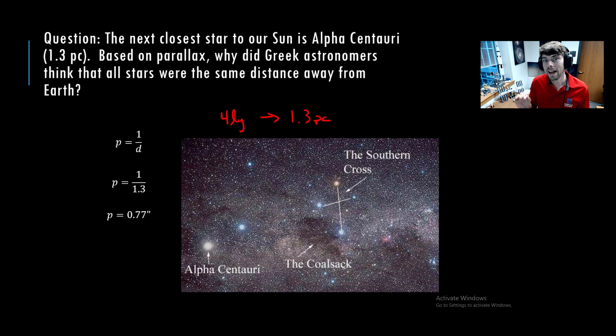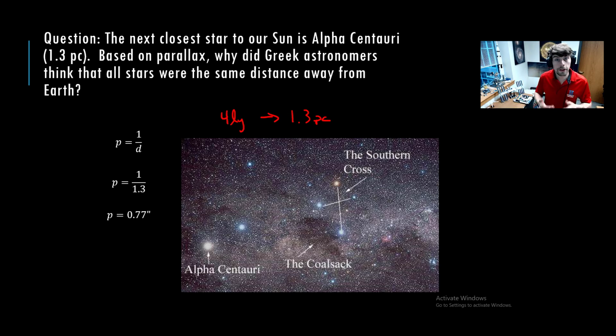So why did ancient Greek astronomers think that all stars are the same distance away? They had an idea about this parallax method. They even had an idea about stars shifting in space. Yeah, good. They didn't have the ability to measure such a small angle.